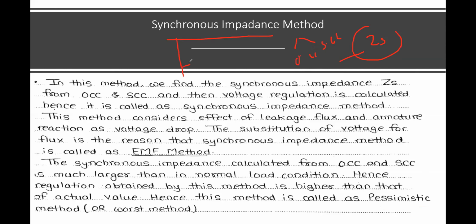Next, it is also called the EMF method, because in this calculation we calculate EMF also. Third, it is also called a pessimistic method. These three points are very important from your exam or theory point of view. They must be included in answers to the question on the synchronous impedance method.